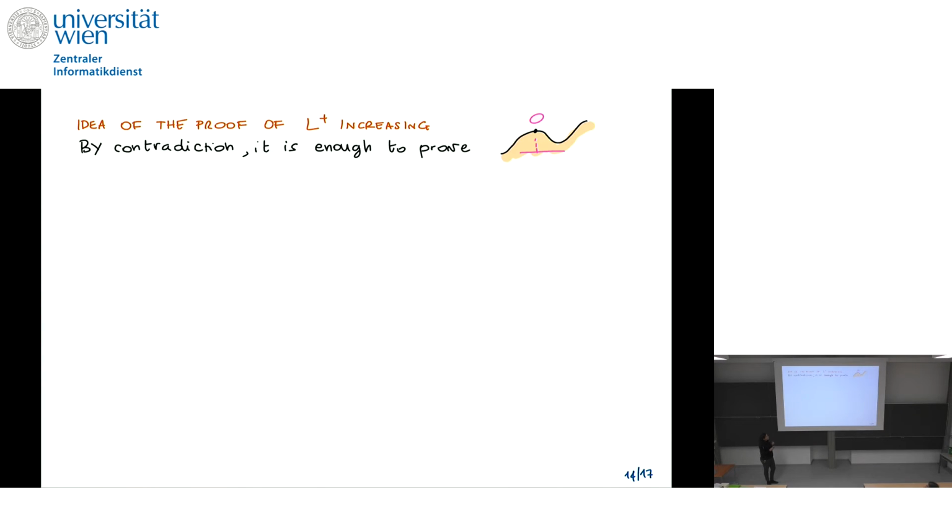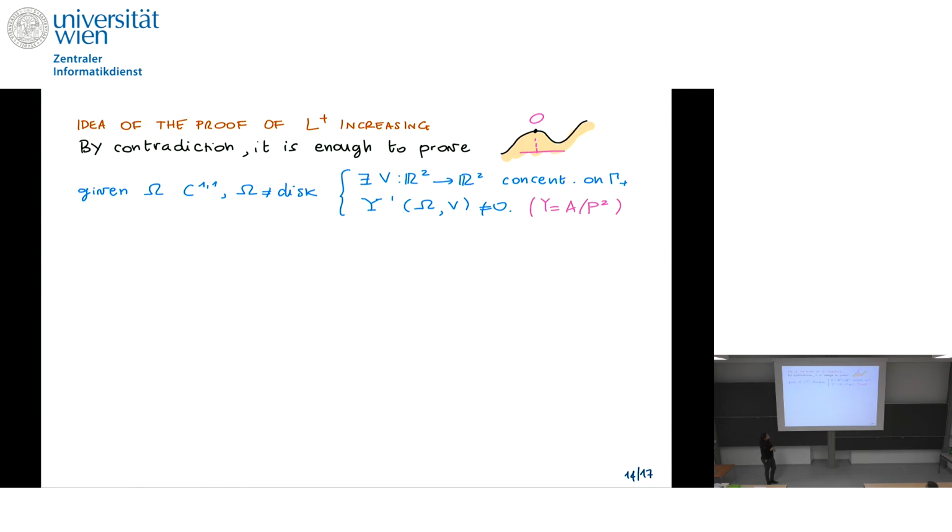So to prove that this cannot happen, it is enough to prove that for a C^{1,1} shape, which is this one, different from the disk, we can find a deformation field which is, as before, concentrated on the strictly convex part, for which the shape derivative of this vertical component is different from 0.